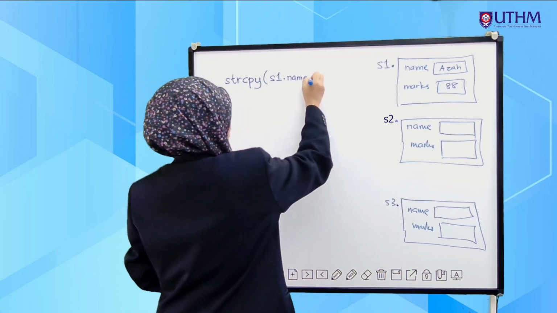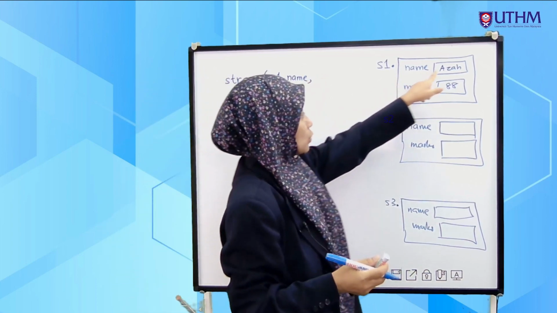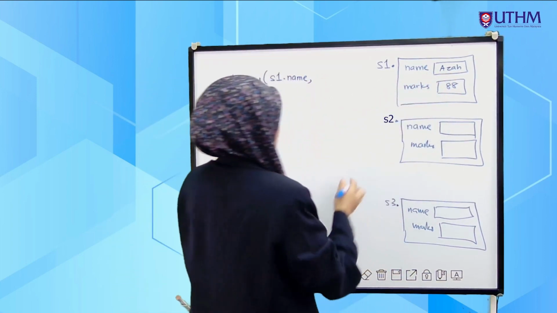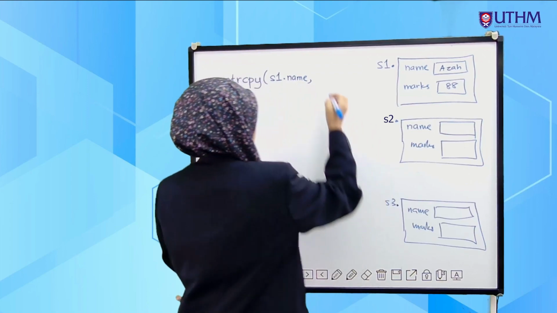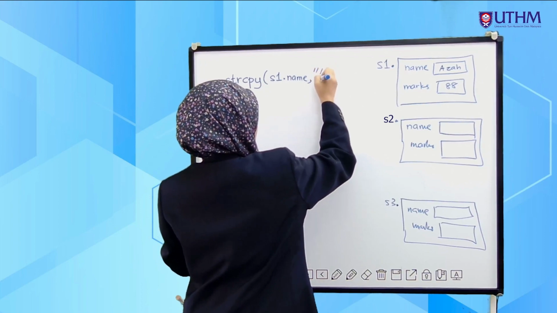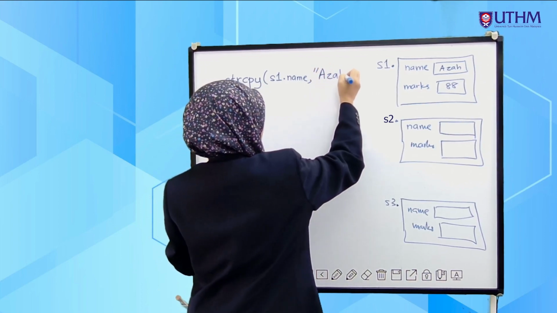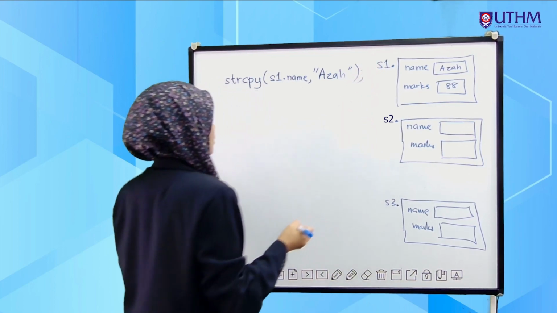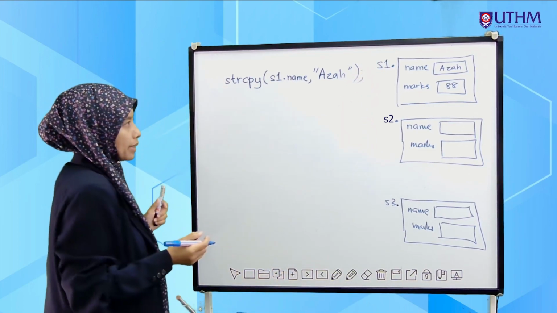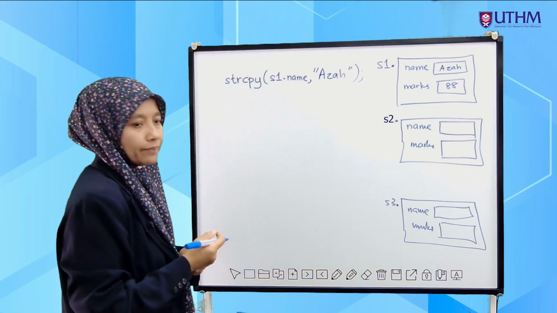Next, what is the value that I want to assign? It is Azah. Since this is a string, an array of characters, make sure you put double quotes around the value, and end your string copy statement with a semicolon.